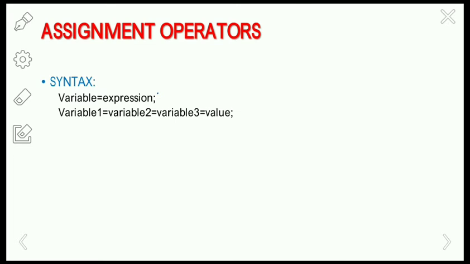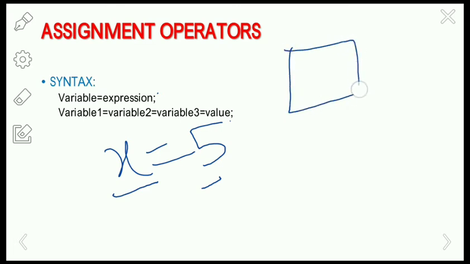Suppose I'm going to store x equals 5, that means the value 5 is assigned to the variable location x. So when this assignment is done, the value 5 is assigned to a memory location with the variable name x. Here the constant value 5 is assigned to the variable x.